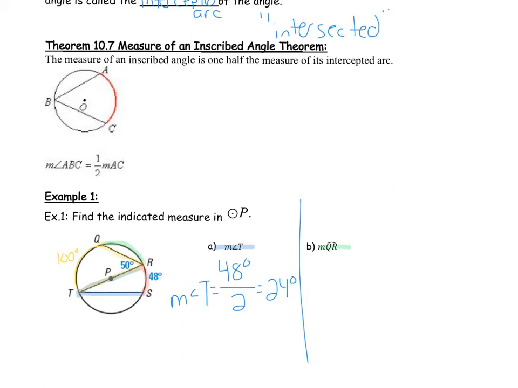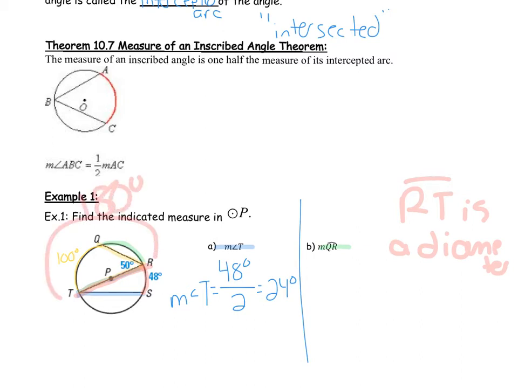You may notice that this right here is a diameter because it's going right through P. So I'm just going to make a note that RT is a diameter. That becomes super important because that means this entire thing is 180 degrees.